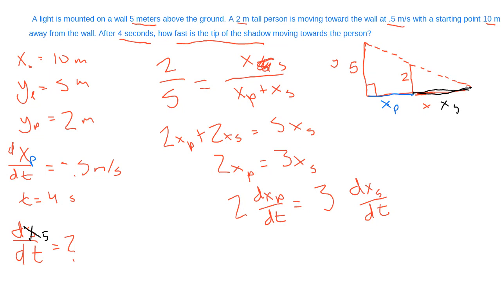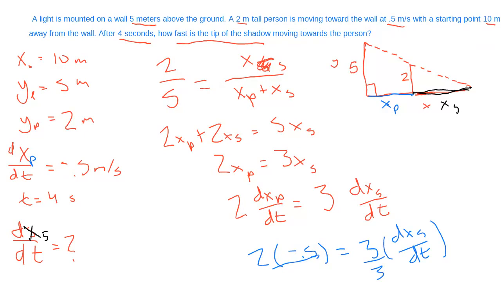We can say that 2 times dxp over dt, which is negative 0.5, is equal to 3 times dxs over dt. We can just divide by 3 on both sides.